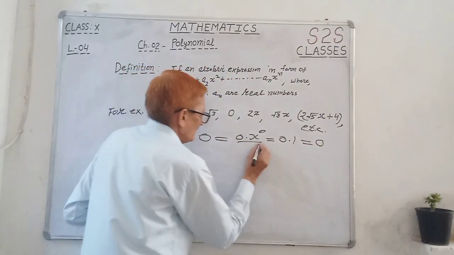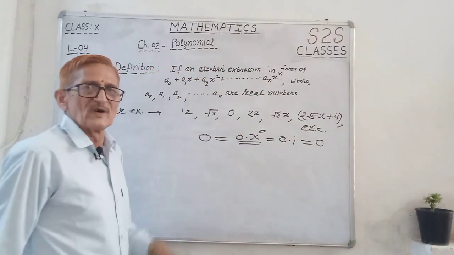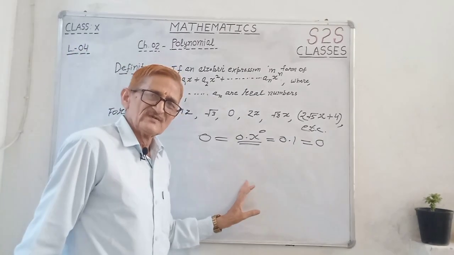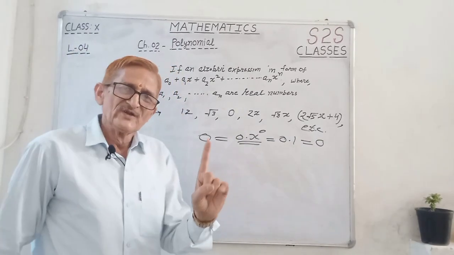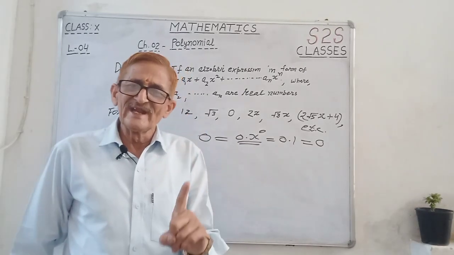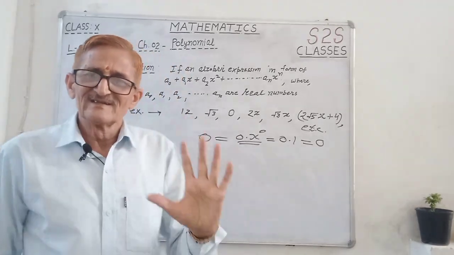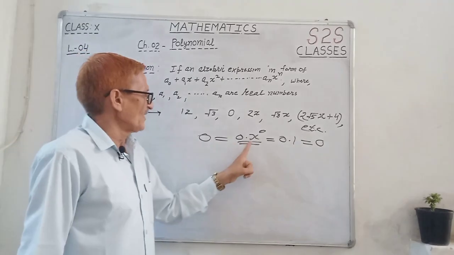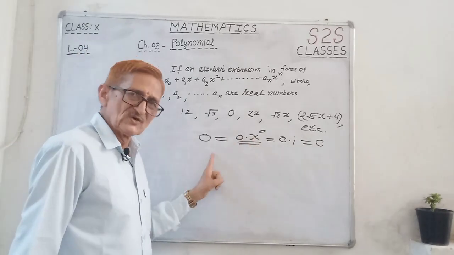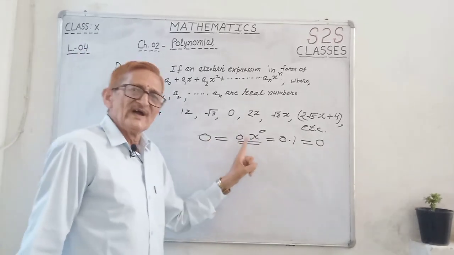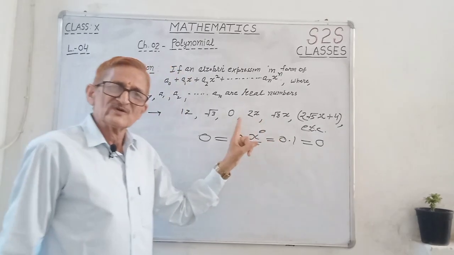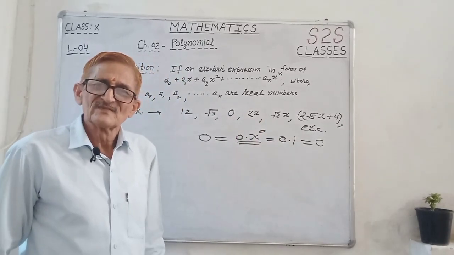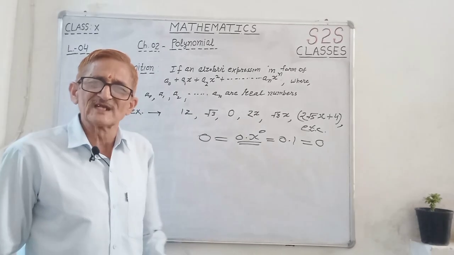So 0 can be written as 0 into x power 0. So here the definition of polynomial is verified, because the power of the variable is a non-negative integer: 0, 1, 2, 3 x power.